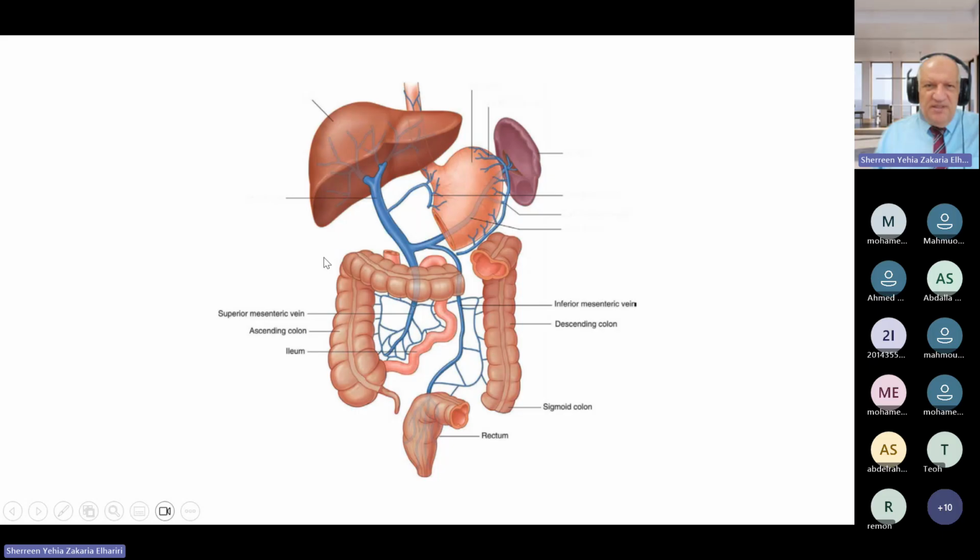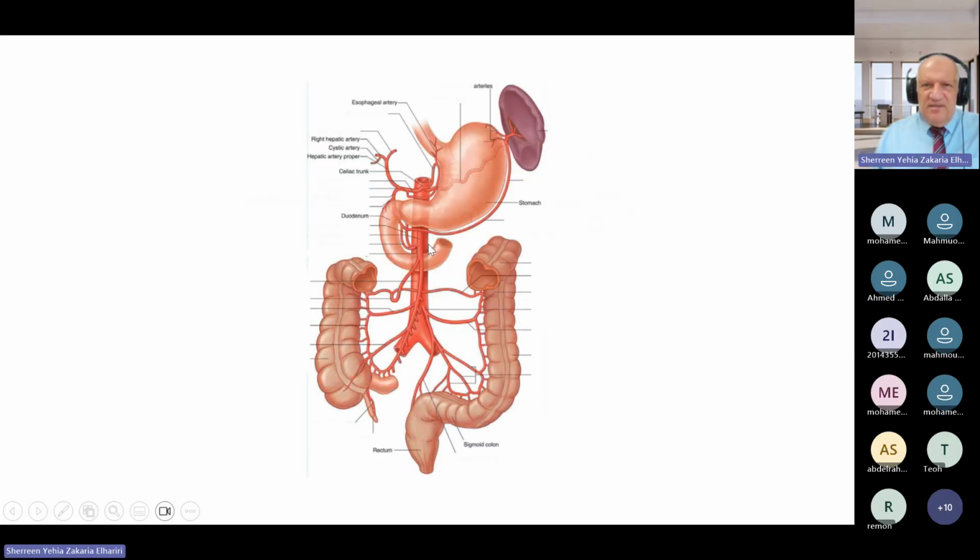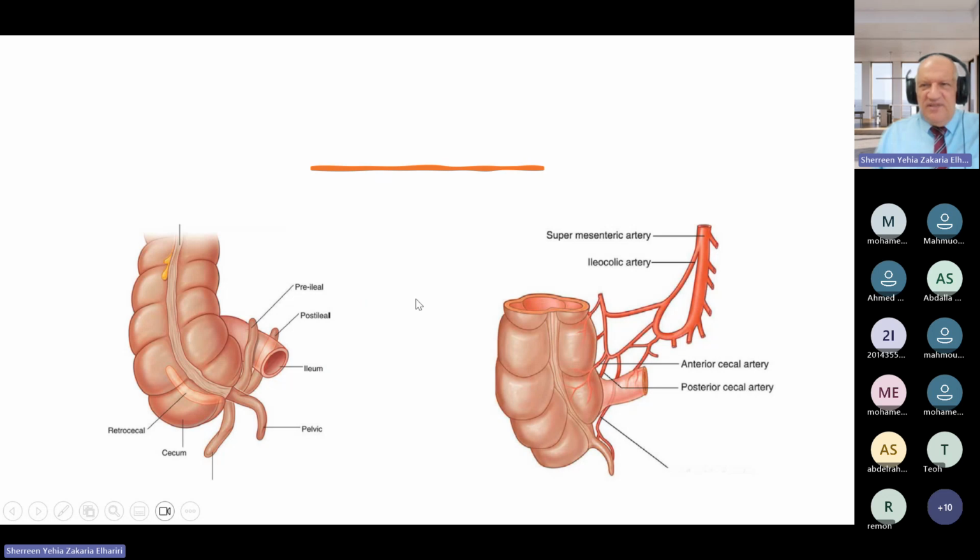The same picture again, just to show the anatomy. After that, we have the appendix, a common operation. Can anyone tell me the blood supply of the appendix? Appendicular artery. Arises from what? Ileocolic. Ileocolic arises from? Superior mesenteric.